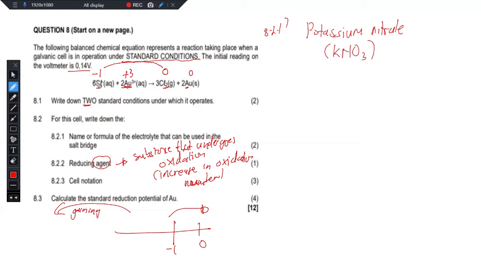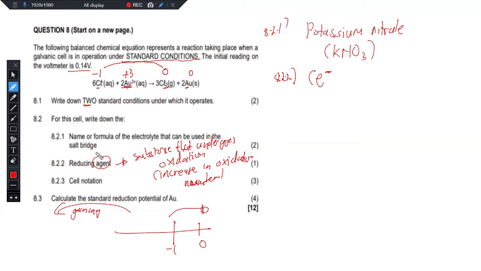But then Cl- is doing what? It is oxidizing. It is losing electrons, loses that one electron and then goes to 0. So that means your reducing agent in actual fact is Cl-, because this is where we see an increase in oxidation number from negative to positive.